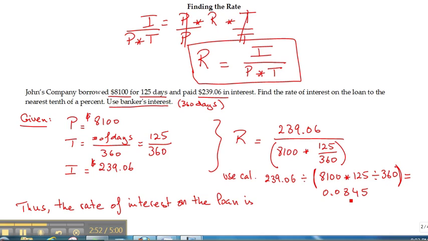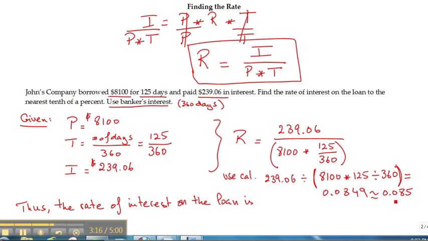And 0.08549, let me correct myself here, and rounding this, I'm gonna round it to 0.085. So this is in decimal, and I want the rate in percent.